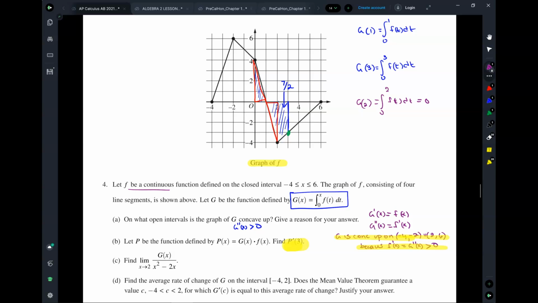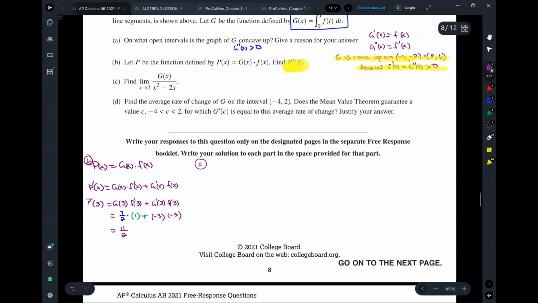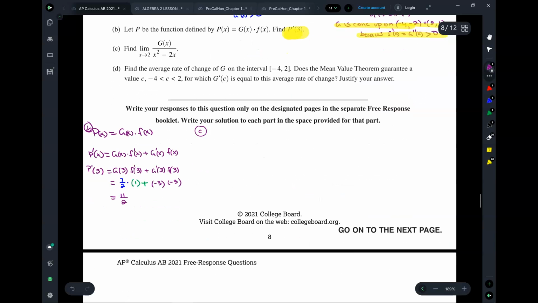L'Hopital's rule. You see how it sneaks its way in. But first you have to establish that you can use L'Hopital's rule, and here is the way we say that. You want to say the limit as x approaches 2 of the numerator g of x is 0.